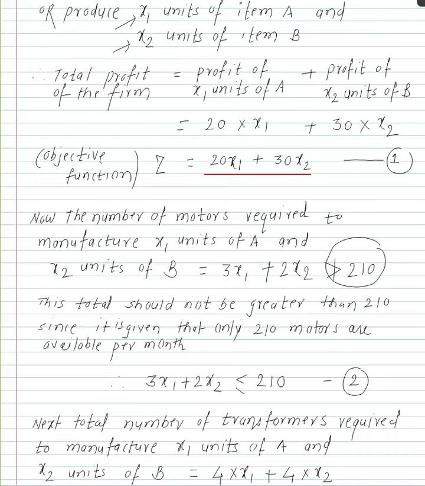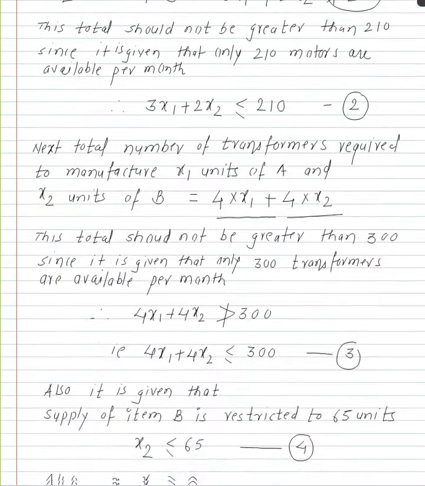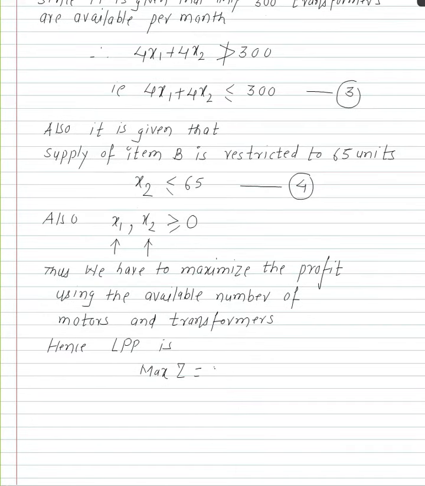So maximize this sum, 20x1 plus 30x2, subject to the following conditions.